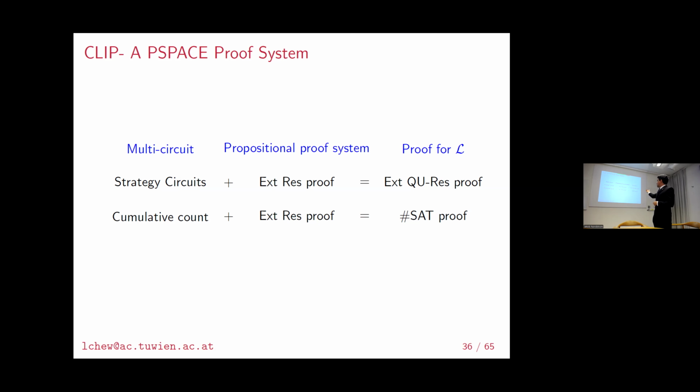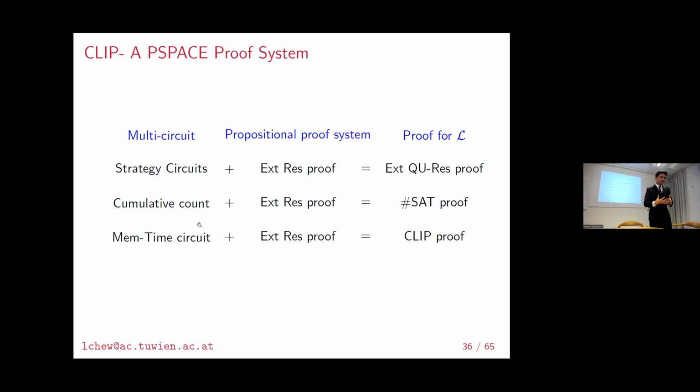And this ends up with a proof system called CLIP, which has the same properties that extended QU resolution does, right? You can't show a lower bound easily for this proof system. And thinking about this, I realized that the only thing we used here was the fact that it was in PSPACE.